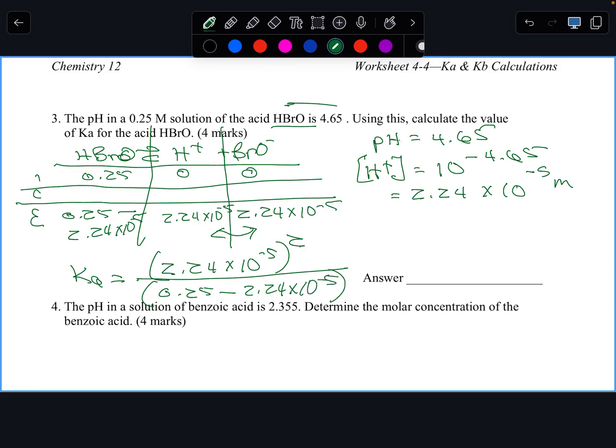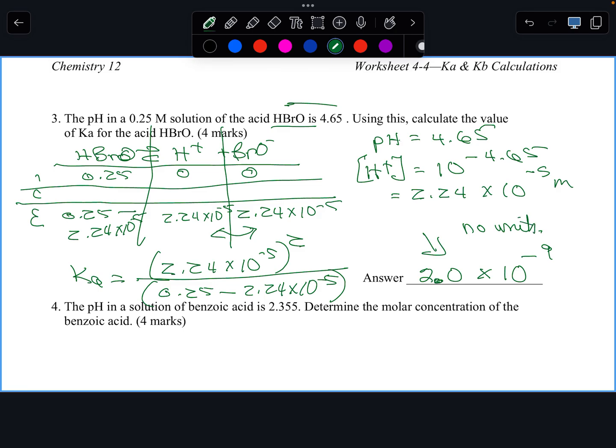Okay, and when I did this, I believe to 2 sig figs, I got 2.0 times 10 to the negative something. 2.0 times 10 to the negative 9. And remember, our Ka has no units.